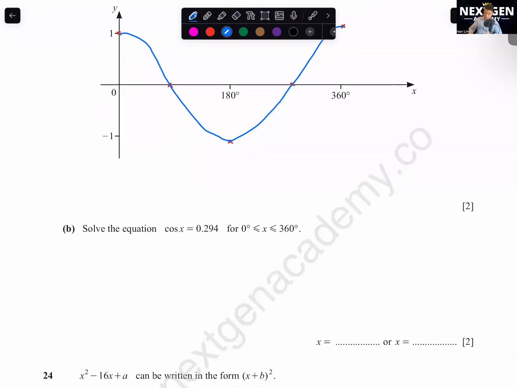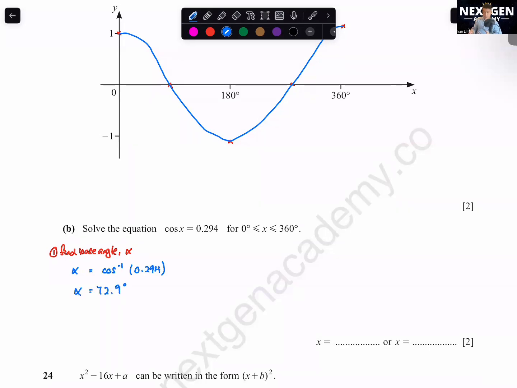The first step is to find your base angle. We call it alpha. Alpha is equal to inverse cos 0.294. You press Shift cos 0.294 into your calculator and you'll get 72.9 degrees.